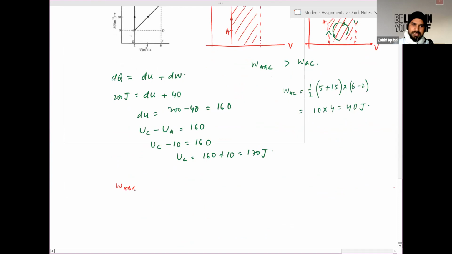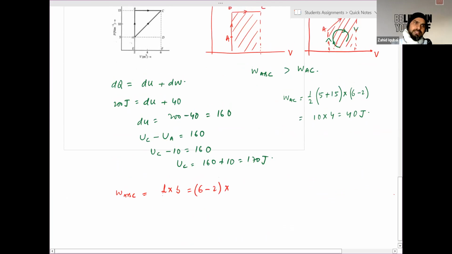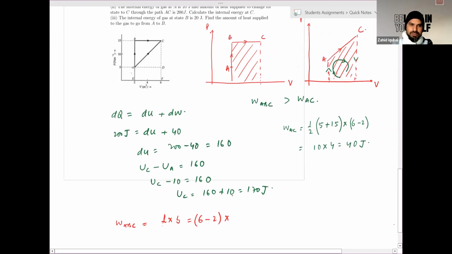Work done along path ABC is simply length times breadth. Length we have 6 minus 2, multiplied by its vertical length, that is from 0 to 15, the total area inscribed in this particular path. So it will be just 15 minus 0. So 15 into 4, 60 joule.